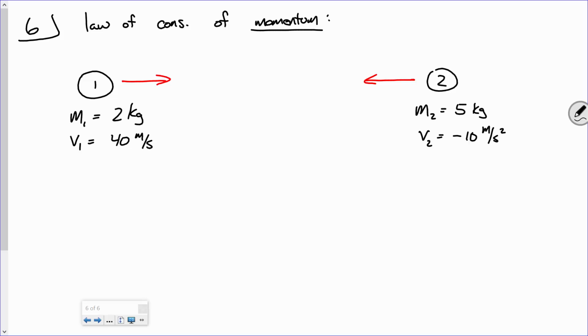So, let's figure out the momentum going into this collision. Okay, what's the momentum going into this collision? So, sum of m, v, and I'll say initially, at the very beginning. So, at the very beginning of this, you've got ball 1 going like this, ball 2 going like this. So, what do we got? We've got 2 kilograms, 40 meters per second.